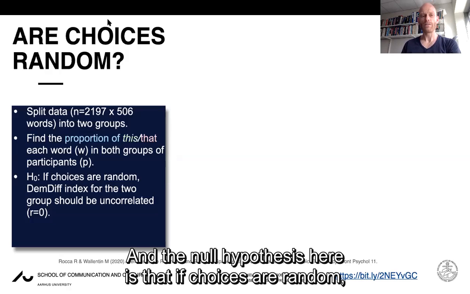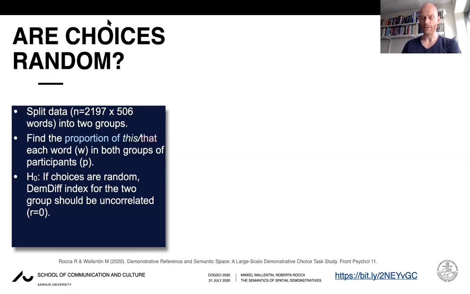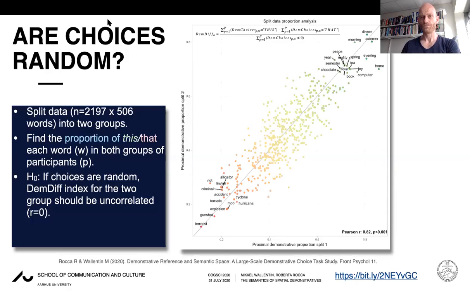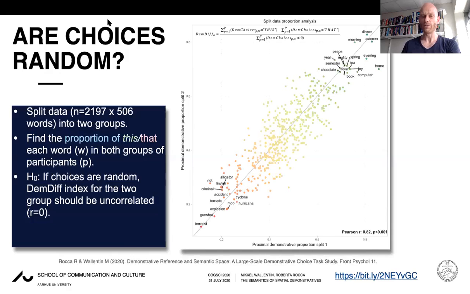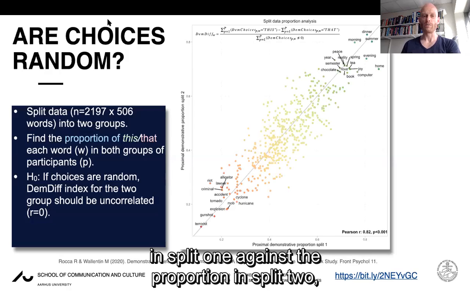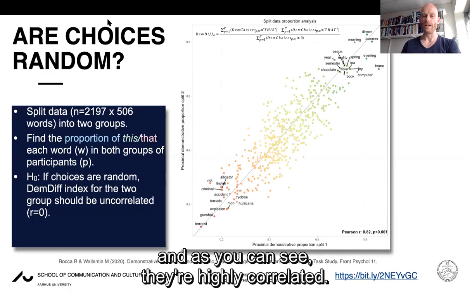And the null hypothesis here is that if choices are random, then this index for the two groups should be uncorrelated. So here's a plot of the proportion of proximal demonstratives in split 1 against the proportion in split 2. And as you can see, they're highly correlated.